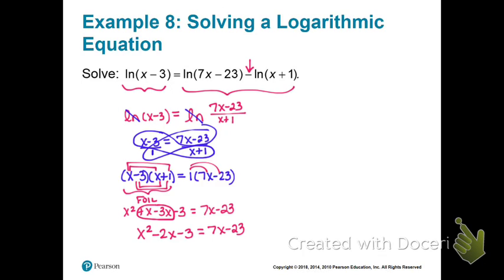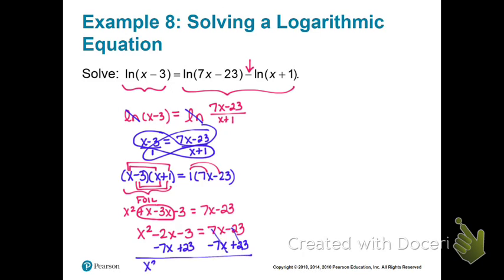Okay, so now we notice we have two different types of x's again. We have an x squared and an x, which means we have to factor, which means I need to set it equal to 0. I like my x squared to be positive, so I'm going to move this 7x over by subtracting it, and add the 23 to move it over.